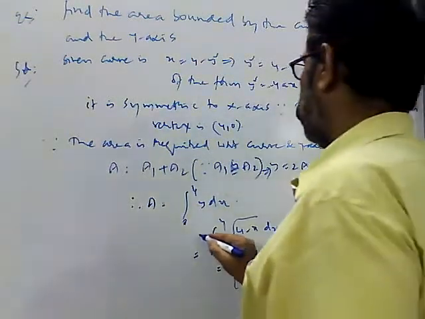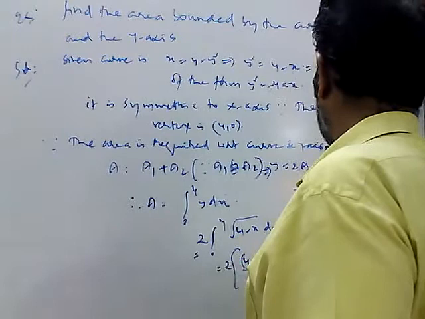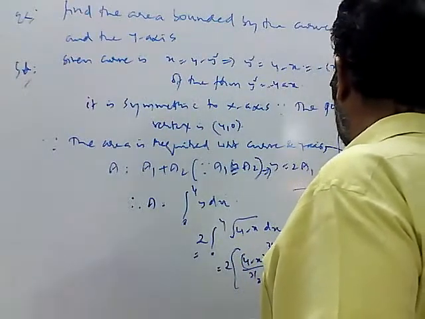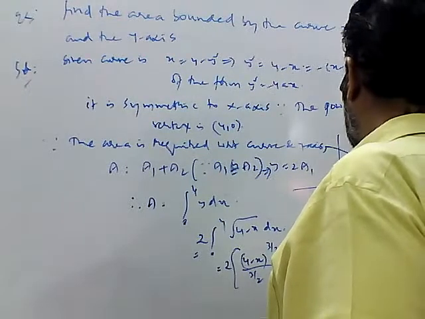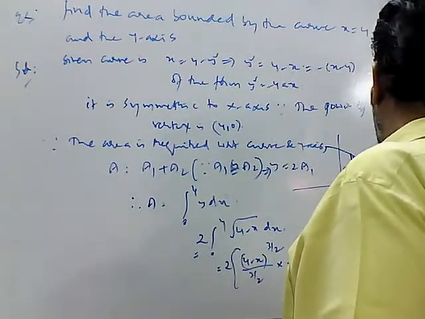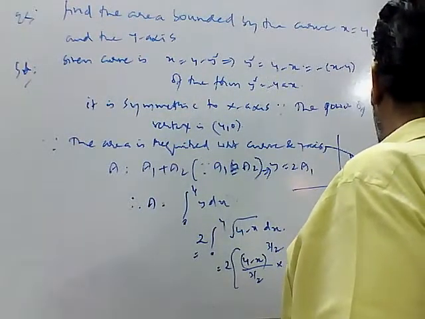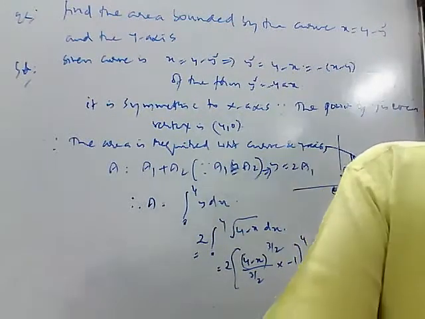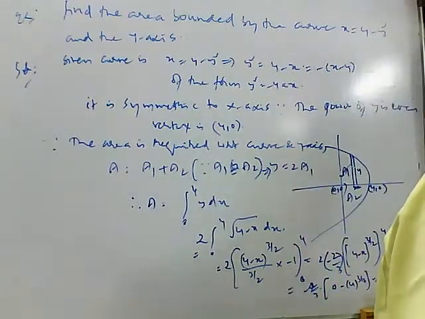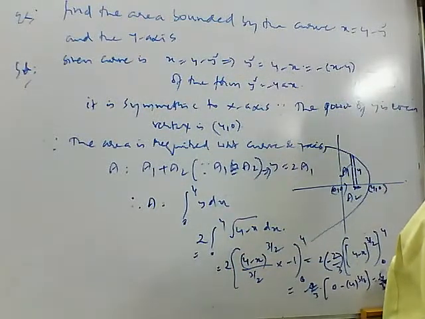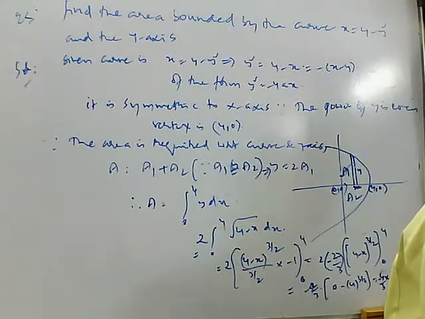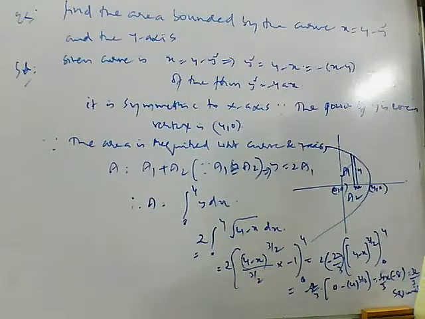Then 2 times will come here, because it is 2 times the area. So 2 times 16 by 3 is 32 by 3 square units. This is what you get.